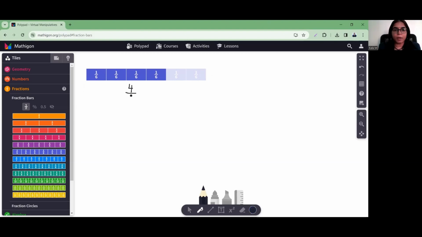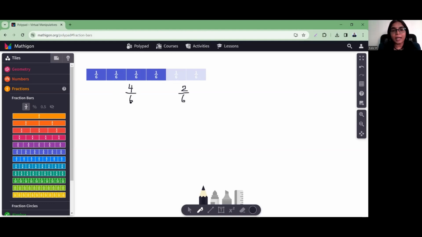The blue shaded part is 4/6. If I ask you what is the white shaded part, or the unshaded part, you can say it's 1/6 plus 1/6, that means 2/6. That is how we'll tell this number, right? So the blue shaded is called 4/6, the white shaded is called 2/6, right?